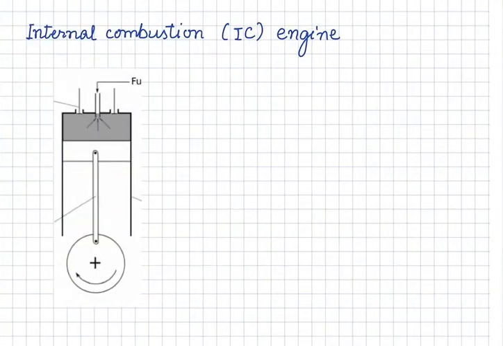After that, once we have air at relatively high pressure and temperature, we inject fuel through this small passage that is shown in the top. In fact, fuel is mostly in liquid form.